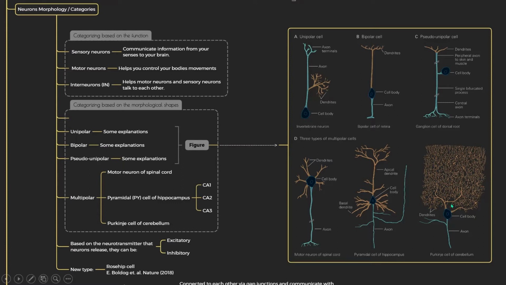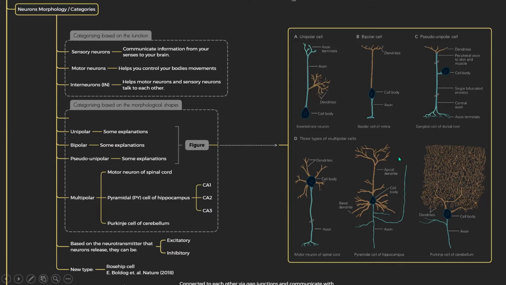These parts are called dendrites, and the newest version of these neurons, as far as I know, is called rose shape. They discovered it in 2018, and I saw its figure, and it's kind of similar to these two. They have lots of dendrites around them.